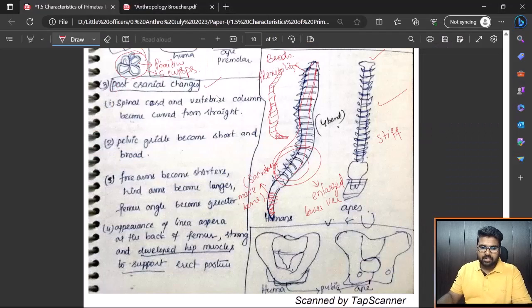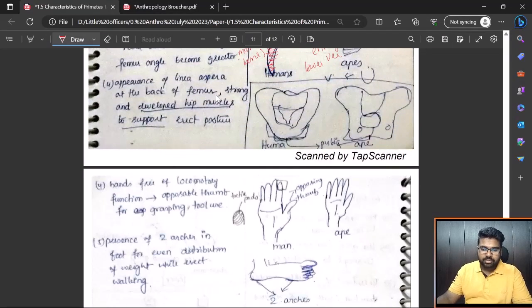The same I have illustrated here. In case of apes, the pelvic bone is almost in the shape of a U and it is very broad. But in case of humans, it became short plus it became V-shaped.